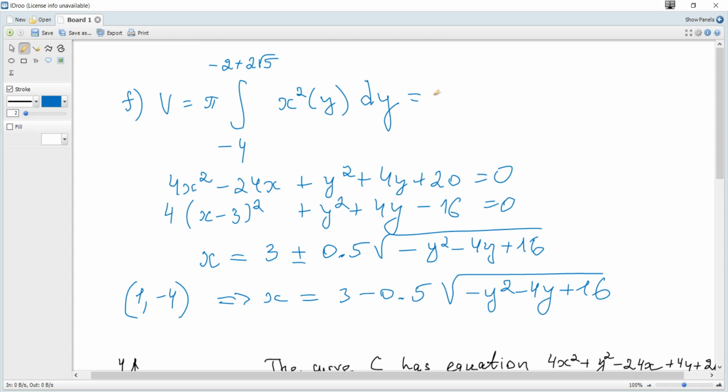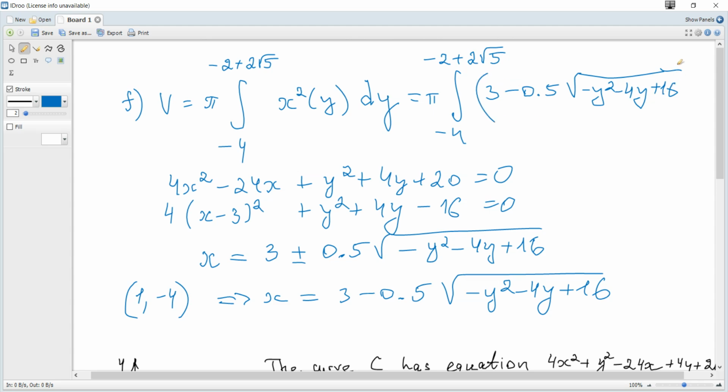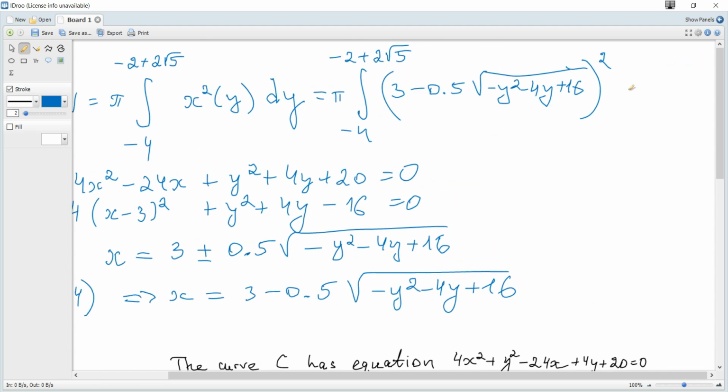And it becomes pi integral, and this squared dy.